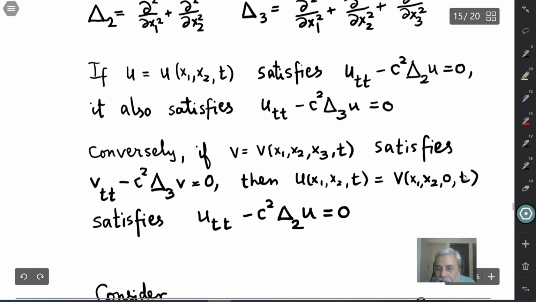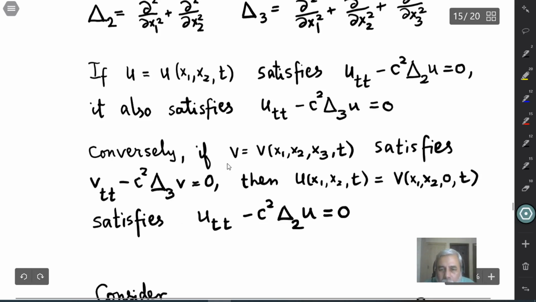then if I restrict to the plane x3 equal to 0, or any constant, you can put that, then this restricted function is now a two-dimensional thing. So this u satisfies the two-dimensional wave equation. Okay, so these are the simple observations.